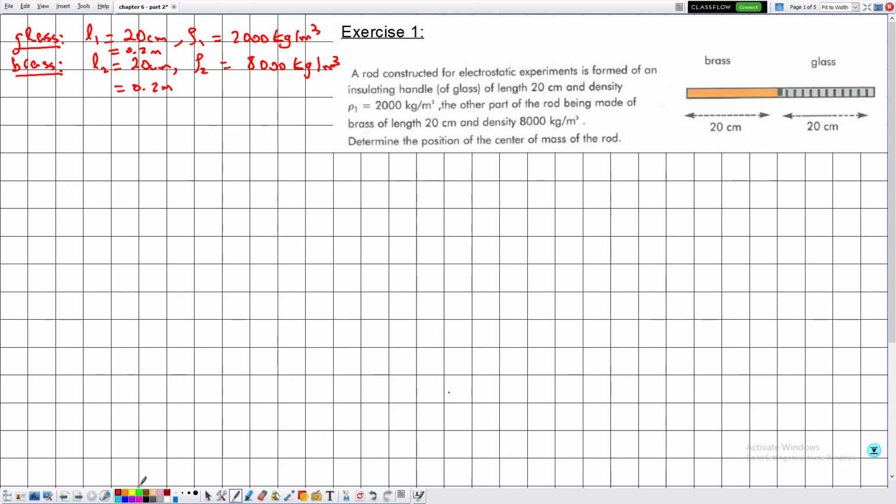So recall that we must follow several steps in order to determine the center of mass. Step number 1 is to choose a reference system. Step number 2, coordinates of different bodies.